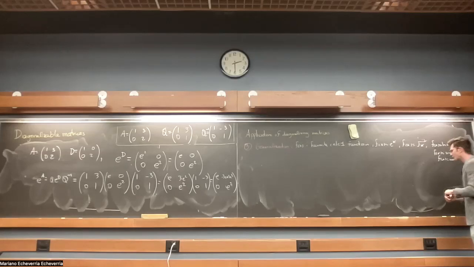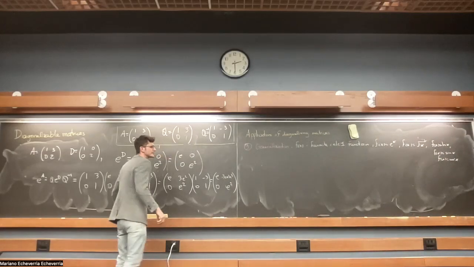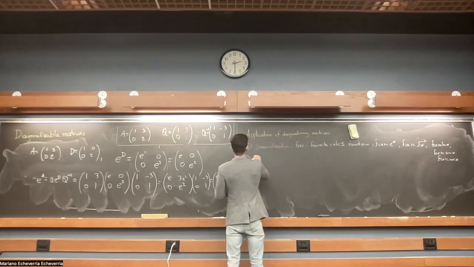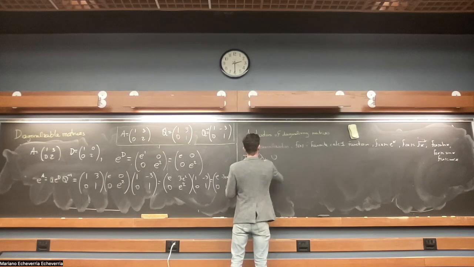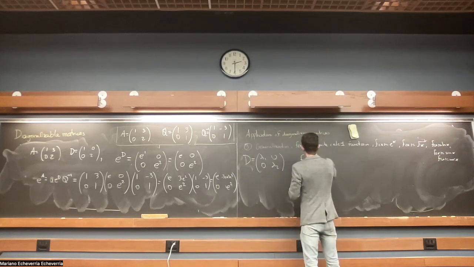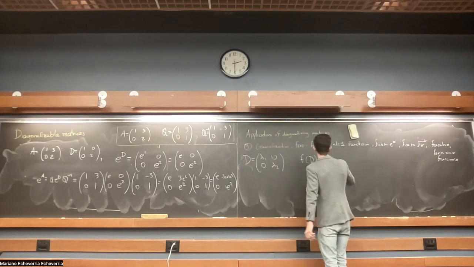Then if you have a diagonal matrix D, f of D is just what you get by applying f to each entry along the diagonal.